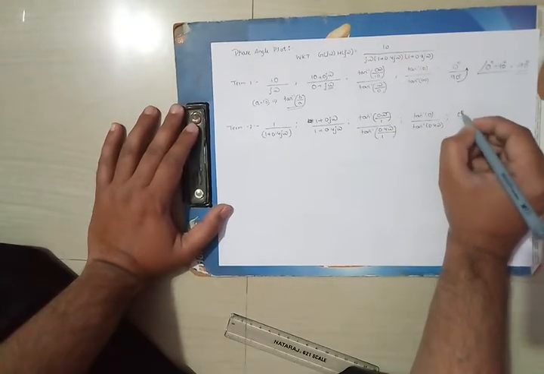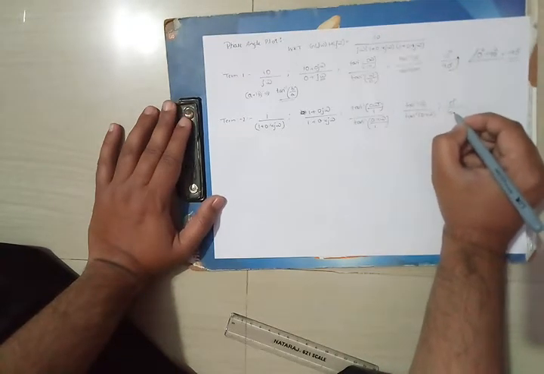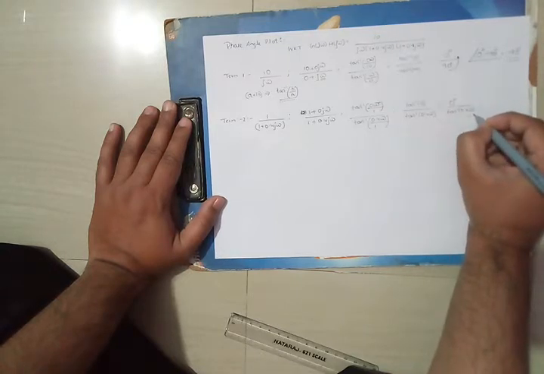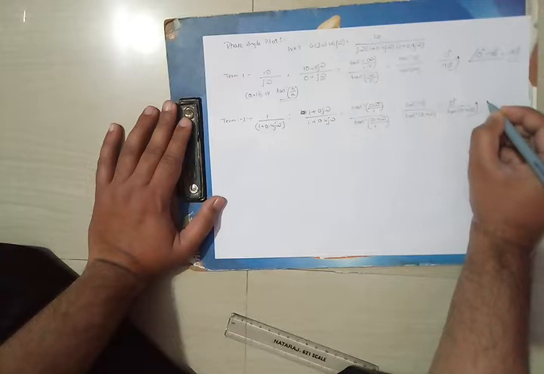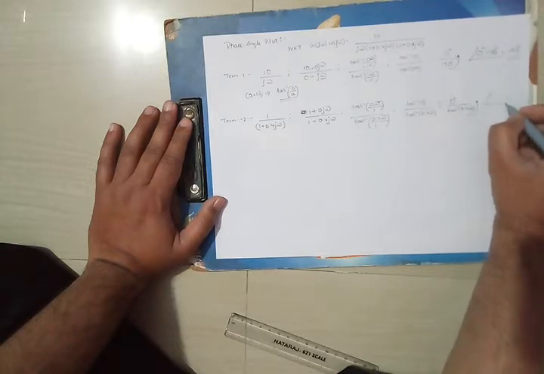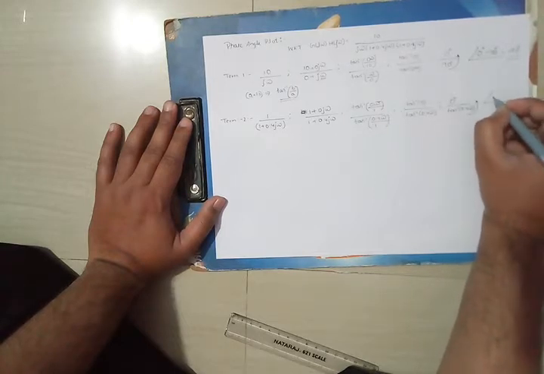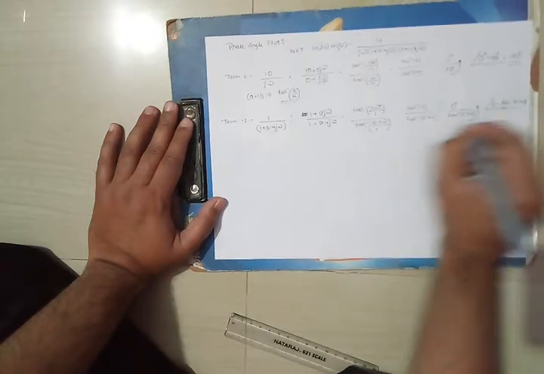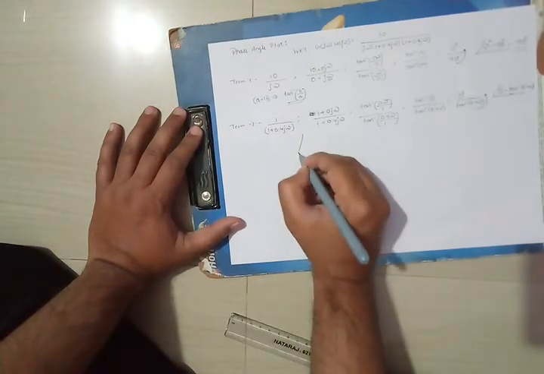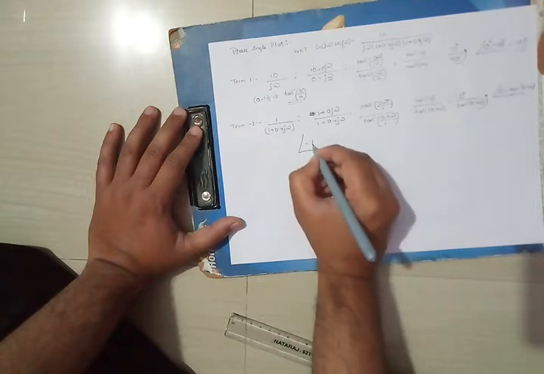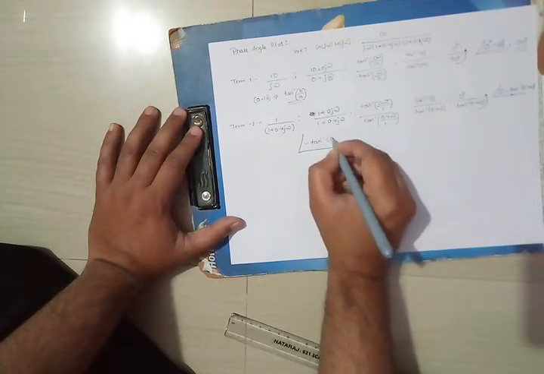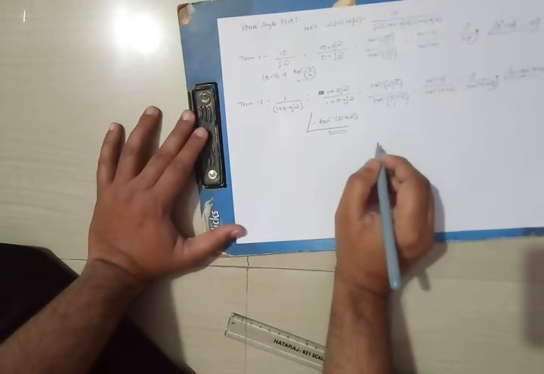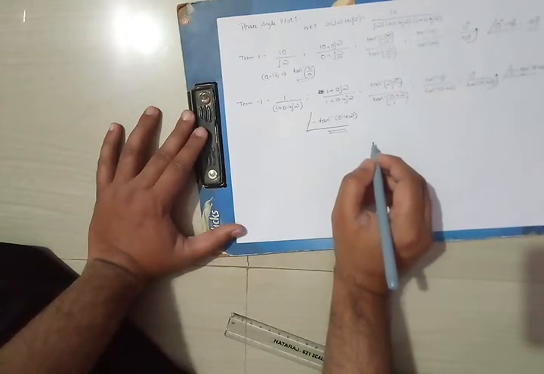So tan inverse of 0 is 0 degrees, minus tan inverse of 0.4ω. Hence, the angle of the second term is minus tan inverse of 0.4ω. This is the angle we have to solve for.